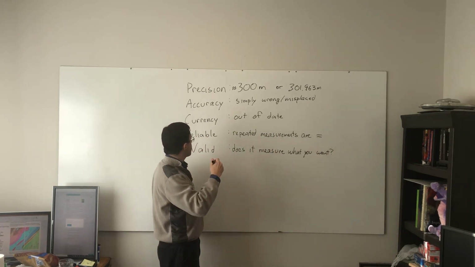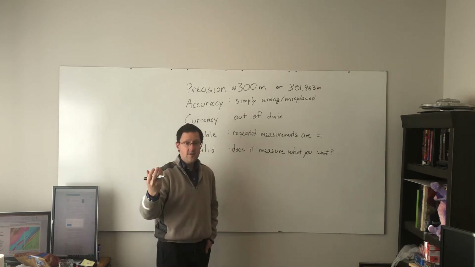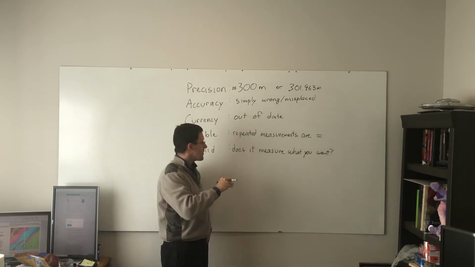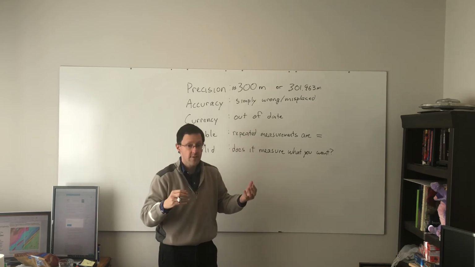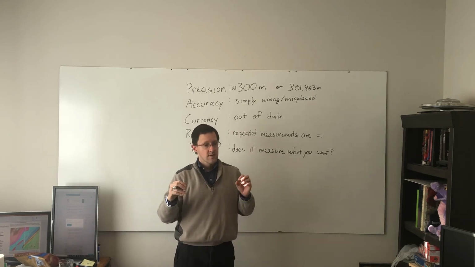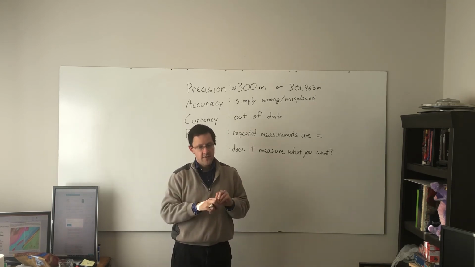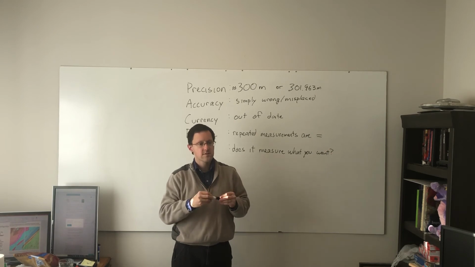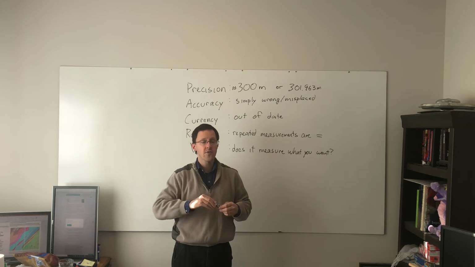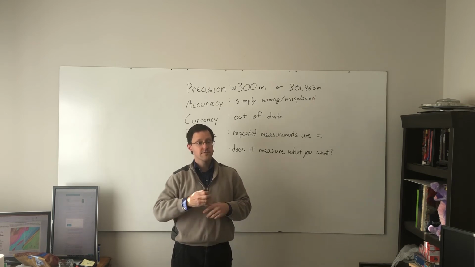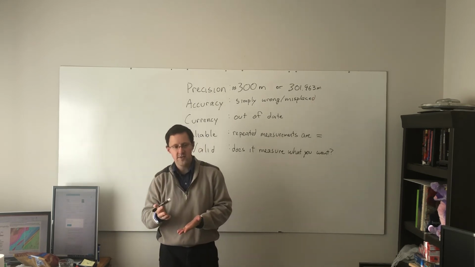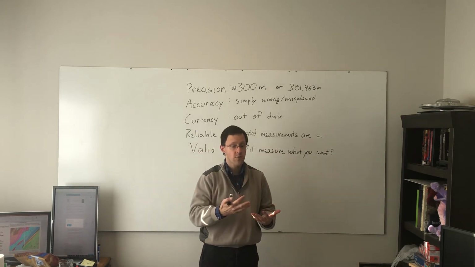So if the data is valid, then you can say it measures what you are actually wanting it to measure. This can come up more than anything else in different indices that are based upon multiple attributes.